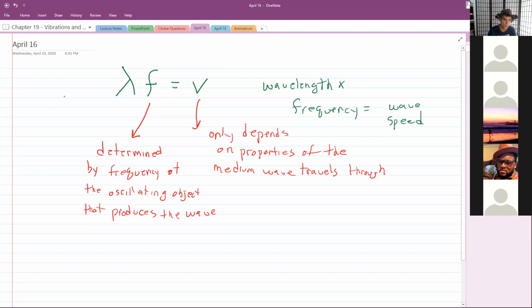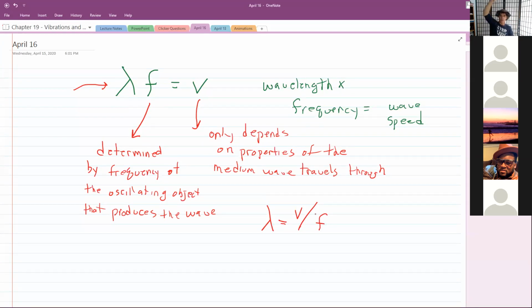And basically the wavelength, if you're a mathematical person, is just determined by the wave speed divided by the frequency. So whatever's producing the wave determines two things: the amplitude of the wave and the frequency of the wave. If I want to produce a wave with a low amplitude, I would just oscillate not very much.